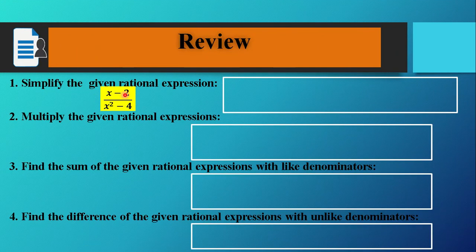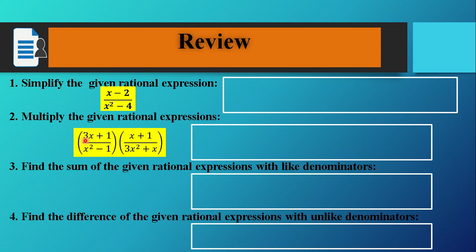Going to simplify this rational expression, x minus 2 over x squared minus 4. Second one, the quantity 3x plus 1 divided by x squared minus 1 multiplied by the quantity x plus 1 divided by 3x squared plus 1.